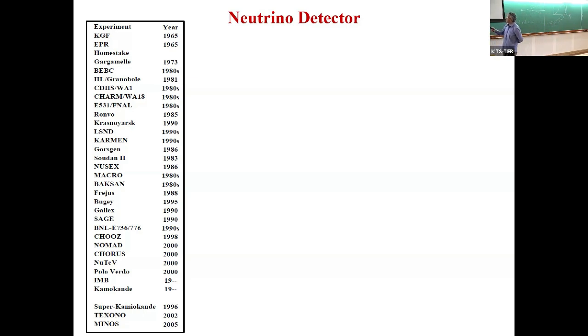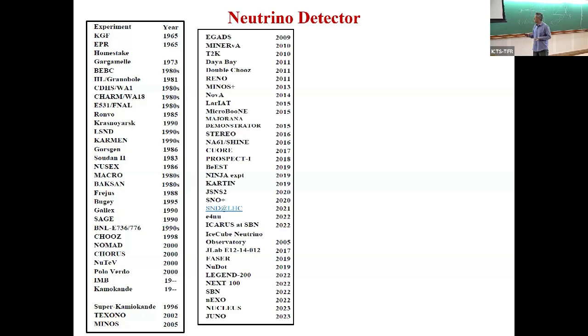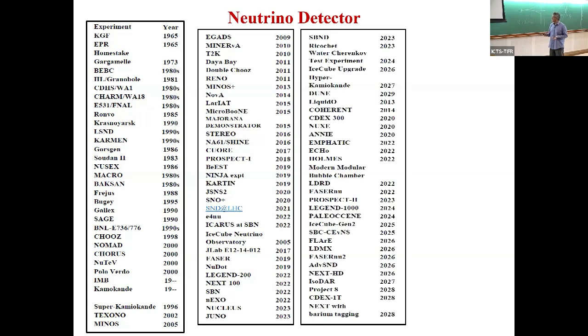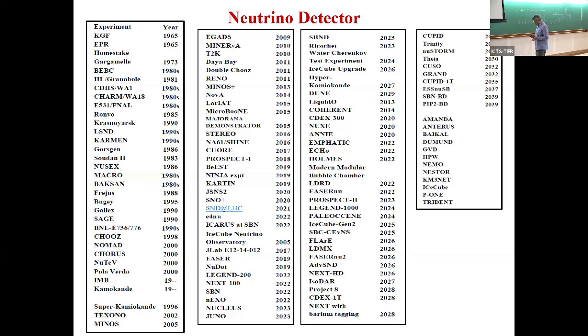These are the experiments, excluding the discovery of the neutrino and the helicity and parity violation experiments from the 1950s. The list is not properly ordered, and it is not an exhaustive list of neutrino experiments. So what should I talk about? Even if I showed one slide for each experiment, I could not cover them all.